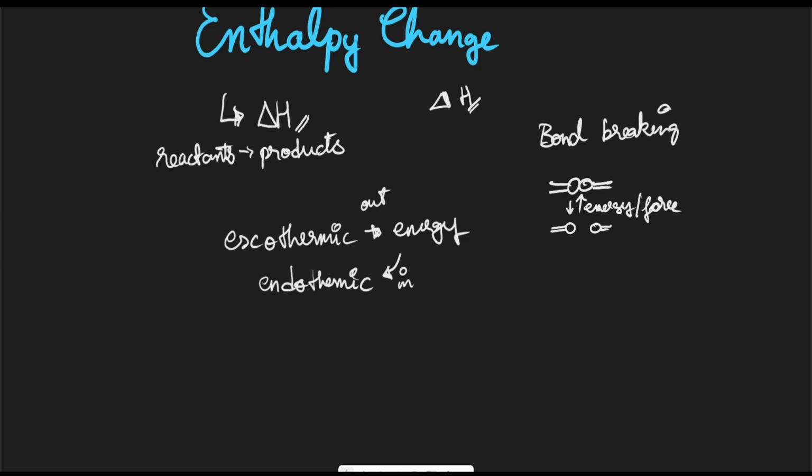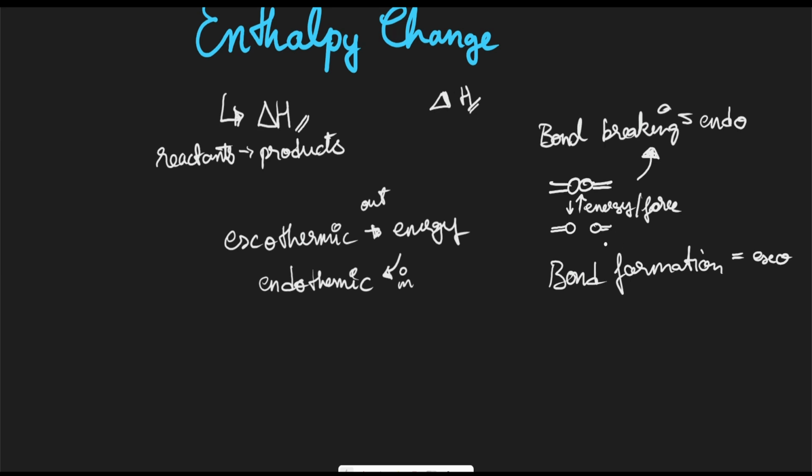So that is how you can remember bond breaking is endothermic in nature. Bond breaking is endothermic, and therefore, by that logic, bond formation is exothermic. Bond formation gives out energy.